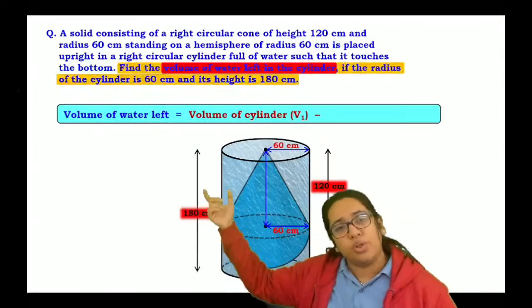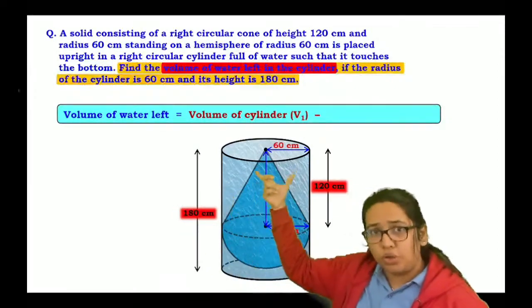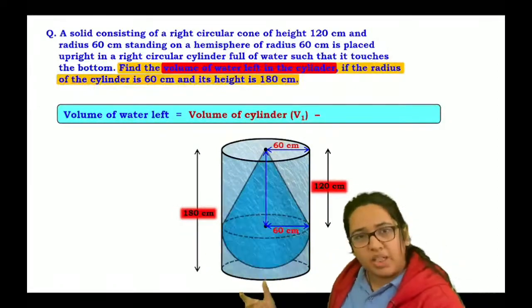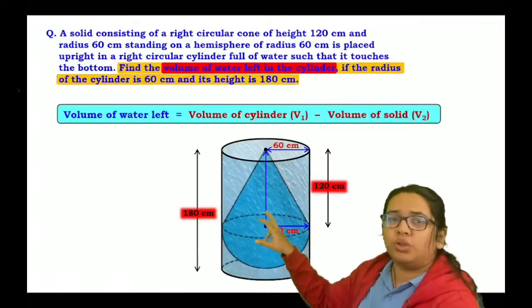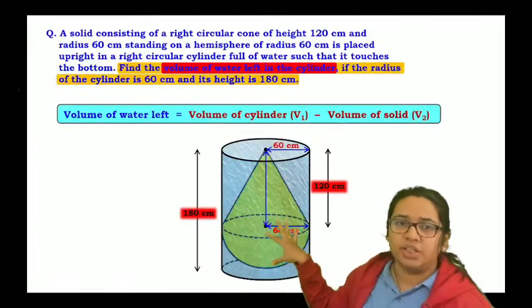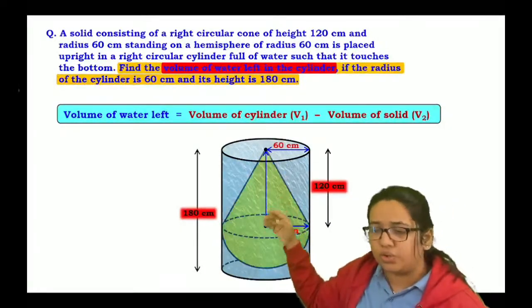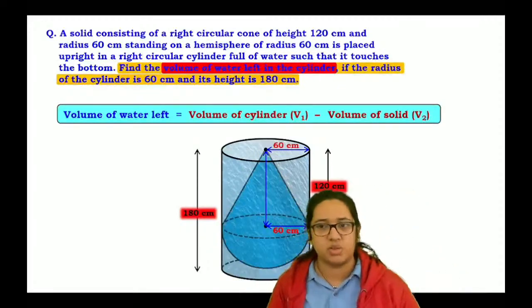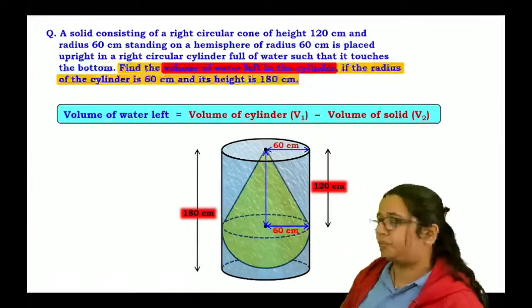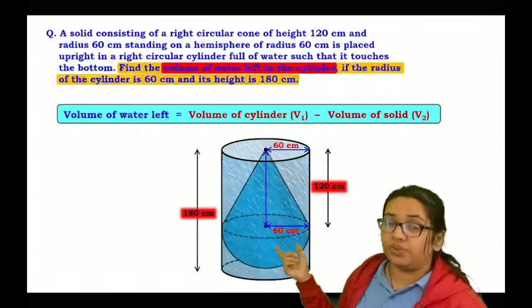So volume of water left is nothing but volume of the cylinder minus volume of this solid, which consists of right circular cone as well as hemisphere. Are you getting this one? Yes? So how can we find it out?